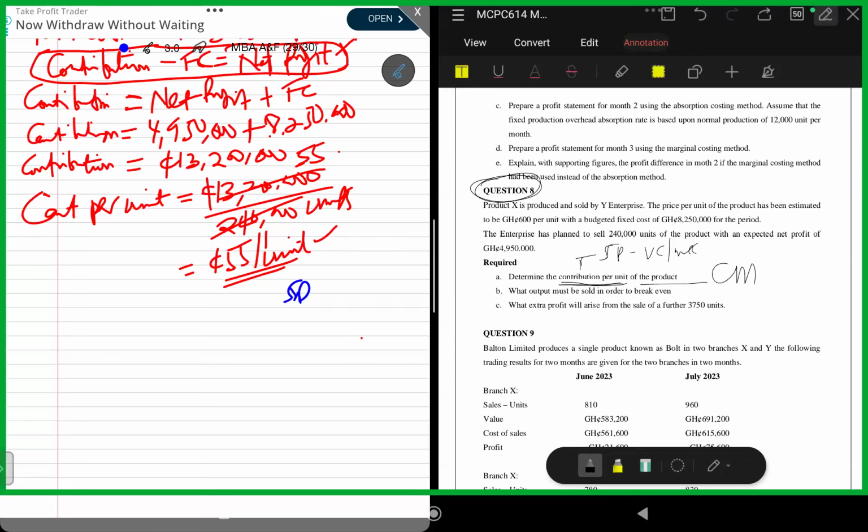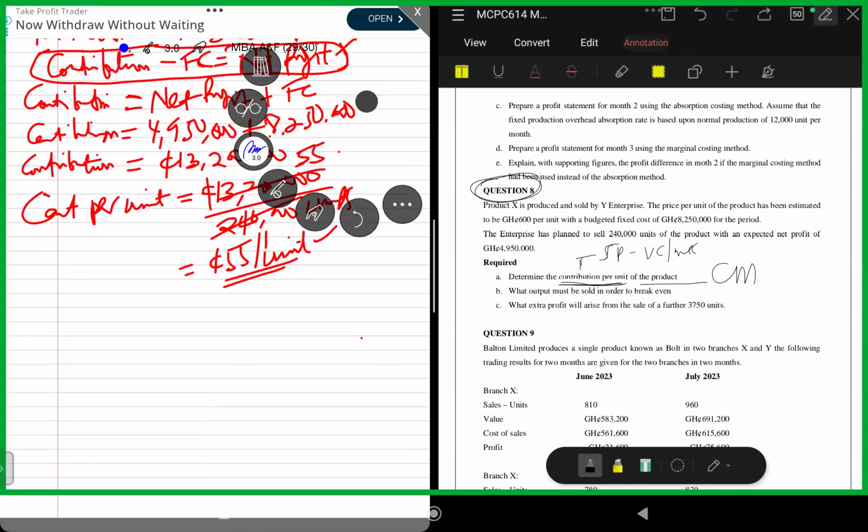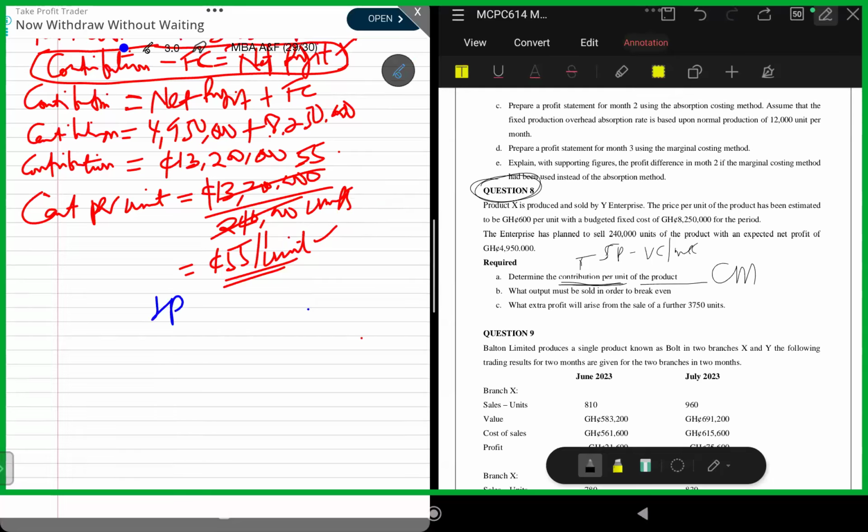Selling price minus variable cost gives me contribution margin. The question says the selling price is 600. So it gives me contribution, and contribution minus fixed cost gives me net profit, NP.